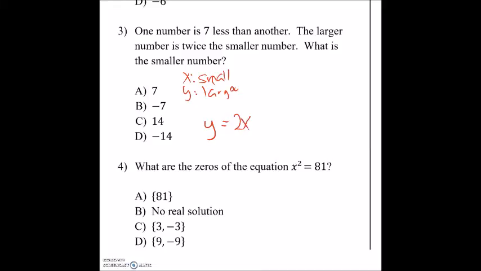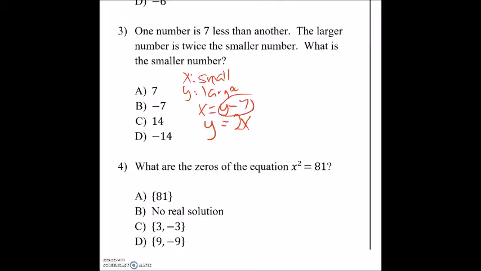And when we said one number is 7 less than the other, well, of course, which number is the smaller? The X. So if it's smaller, I have to take it away from the big number. Now, this one we solve by substitution.